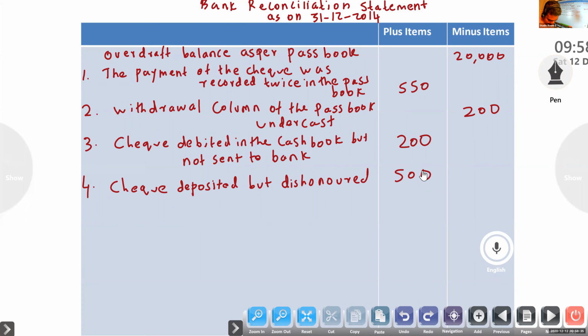The bank column of the passbook has been omitted. You write that word, not sent to the bank, not that. Has been omitted to be recorded in the cash book.